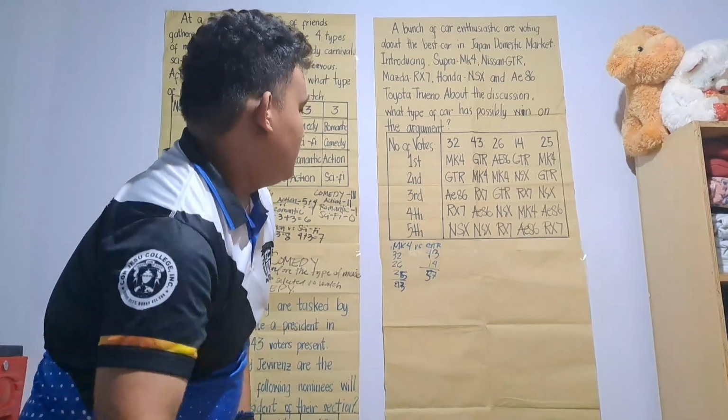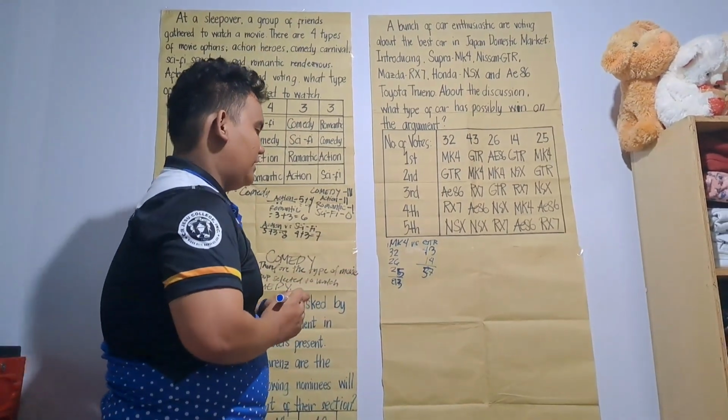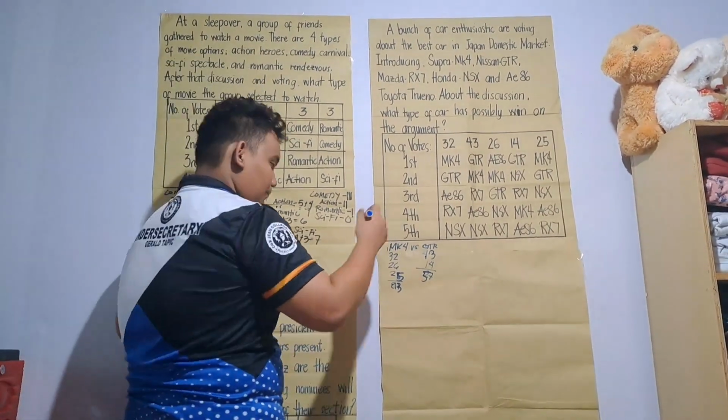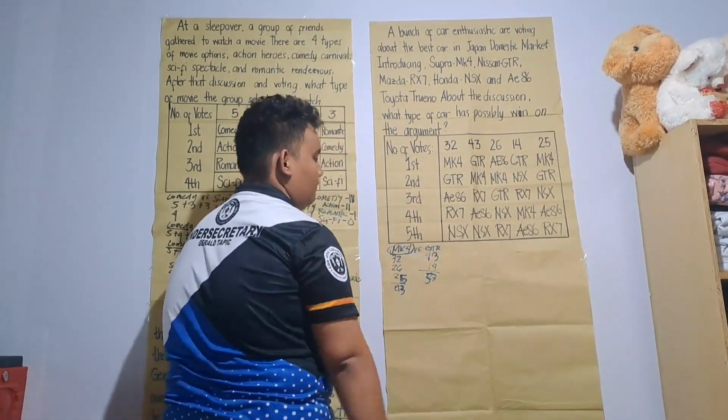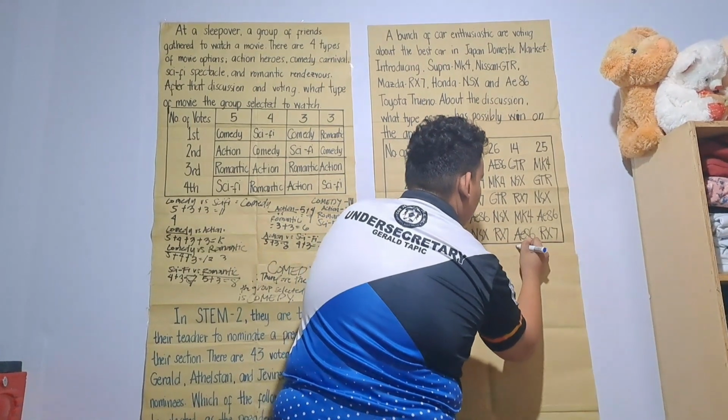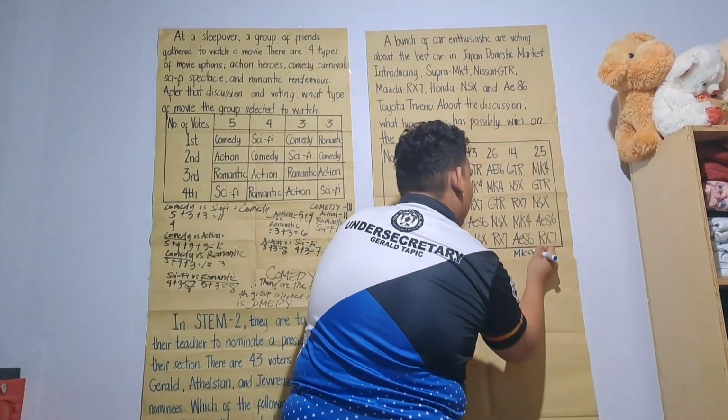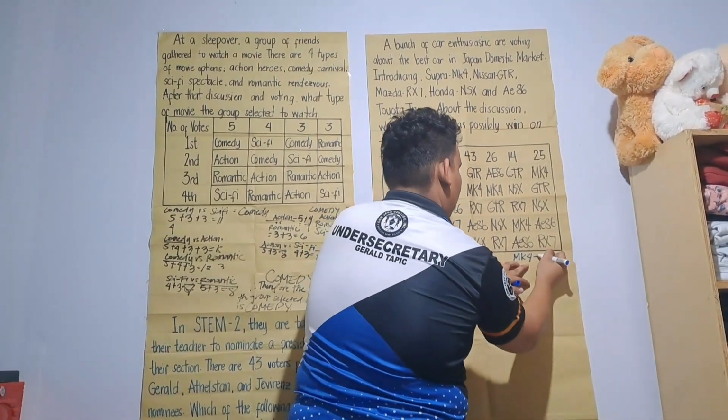So in this matchup, MK4 has 83 votes. So MK4 won the matchup. Then MK4 has 1 point.